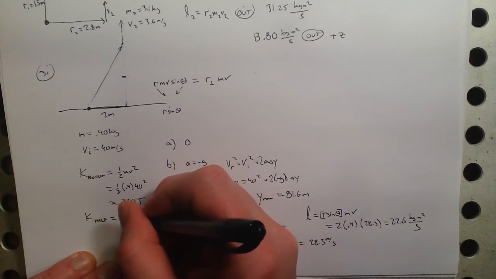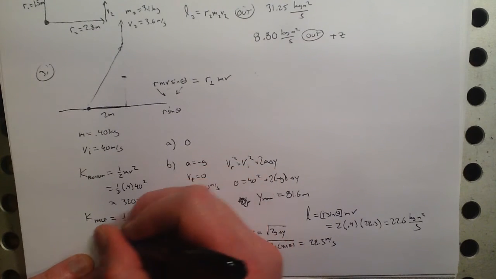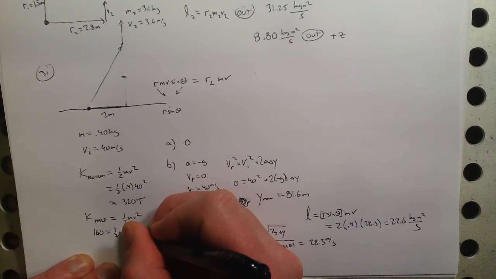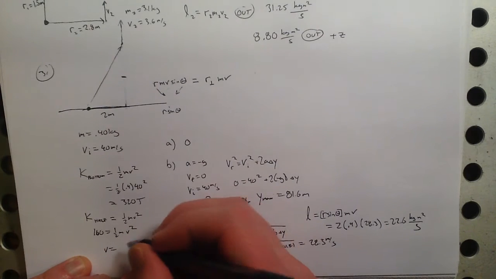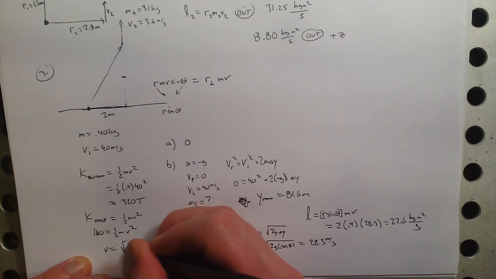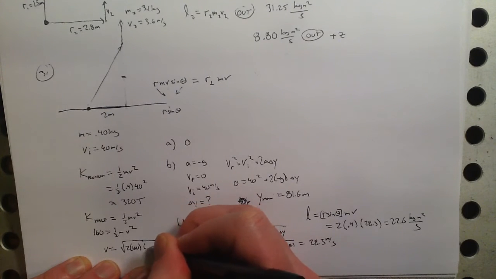So half of this would be 160 equals 1/2 mv squared. So v would be equal to the square root of 2 times 160 times the mass, which is 0.4.